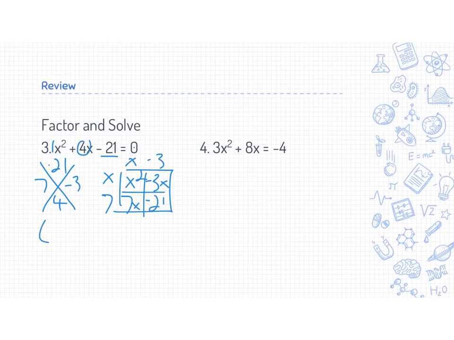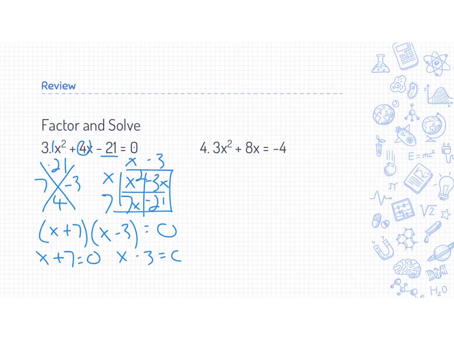So then our factors are x plus 7 and x minus 3. Now that is set equal to 0, so we can set each factor equal to 0. And then when we solve, you get x equals negative 7 and x equals 3.